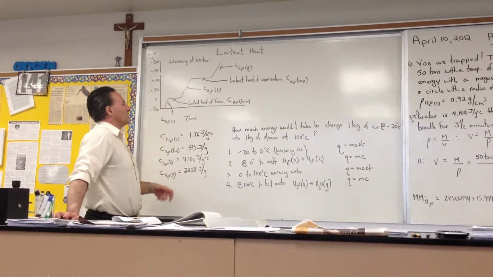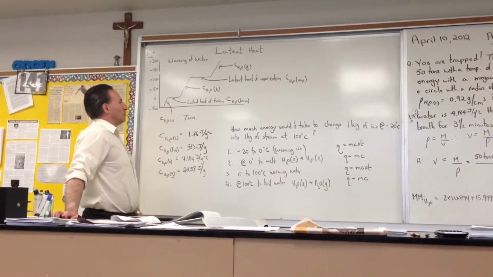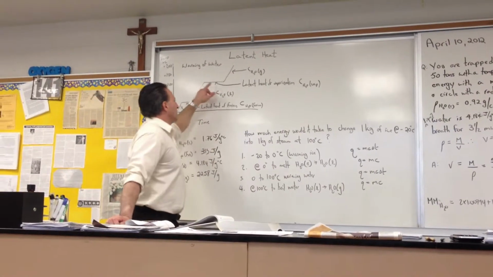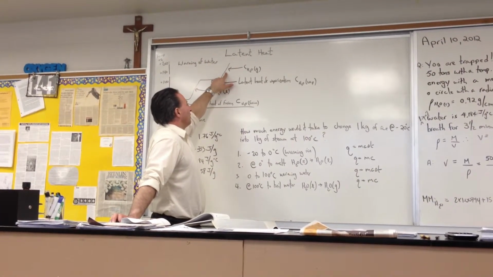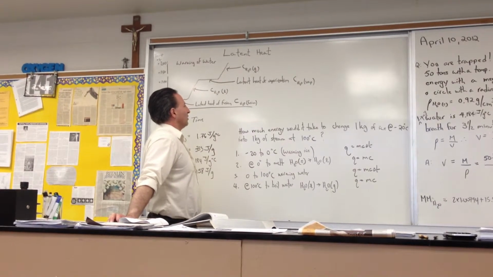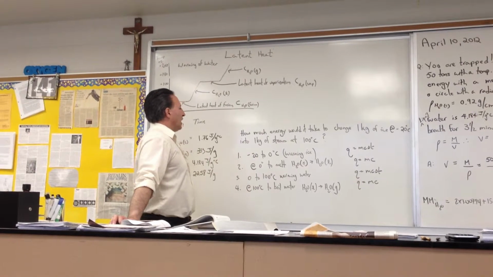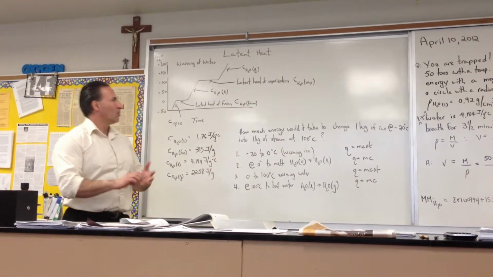The amount of energy needed to be put in for that phase change to take place is called the latent heat of vaporization. Once the water has turned into a gas, then you can start warming up the gaseous phase as well. And each one of these steps has its own either specific heat capacity or latent heat.